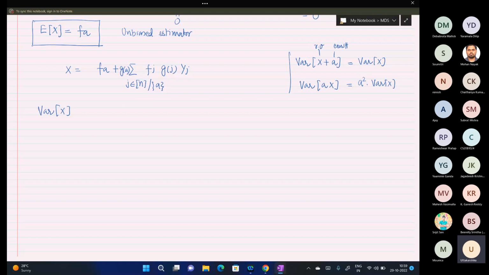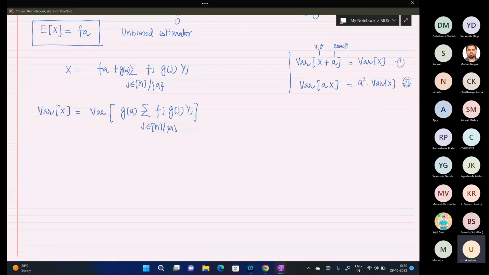Okay, so we'll apply the first one over here. This FA is in a way a constant, right? So we'll get the variance of G of A times the summation.